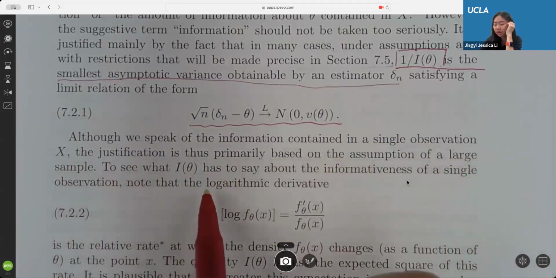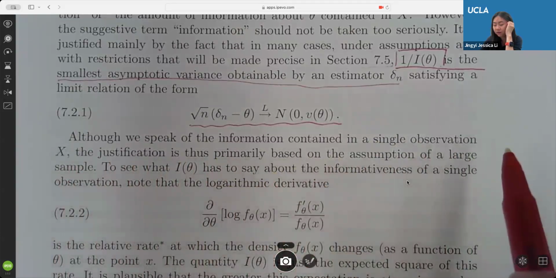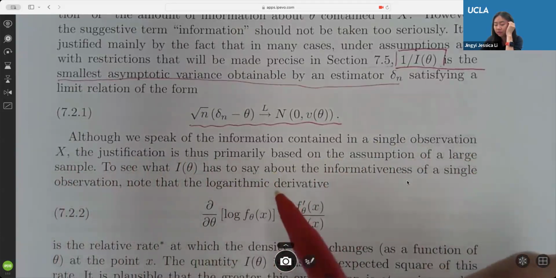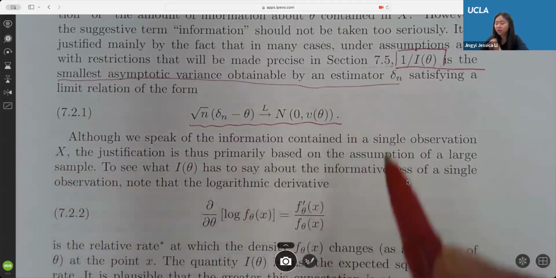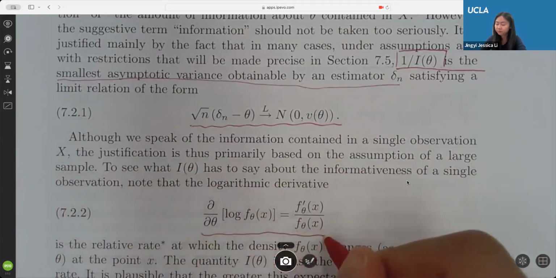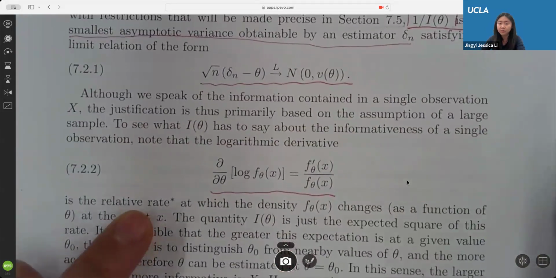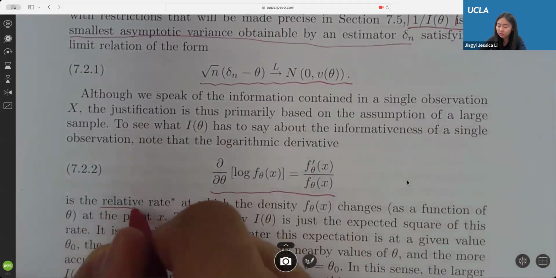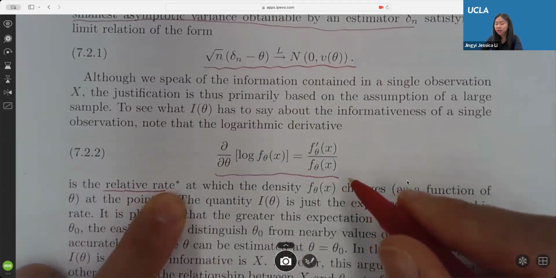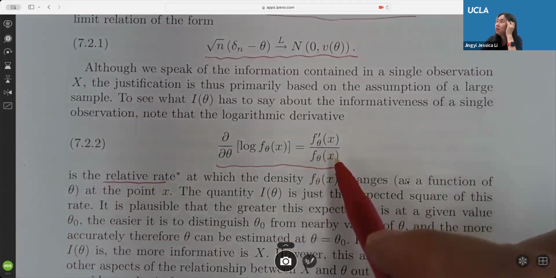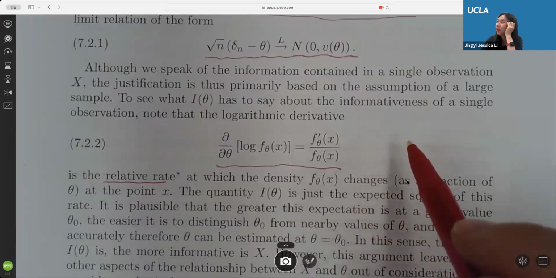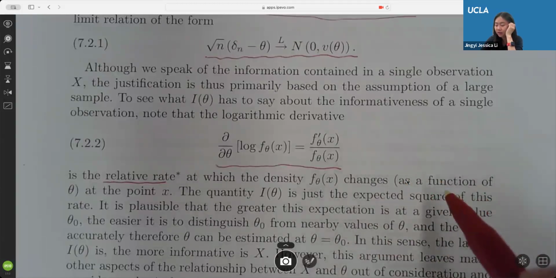To see what I(θ) has to say about the informativeness of a single observation, note that this logarithm derivative, something we saw just now, is the relative rate at which the density changes. So you are looking at the change of the density in relation to the density value at the current x value.